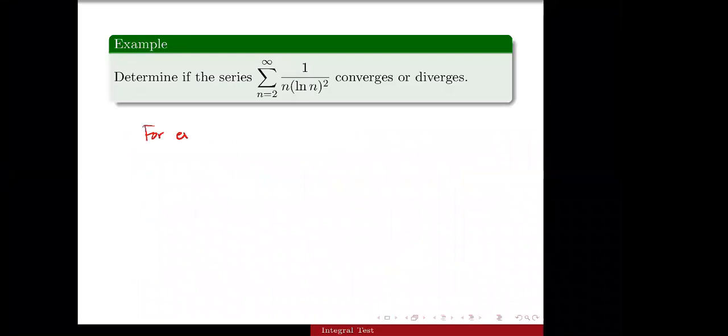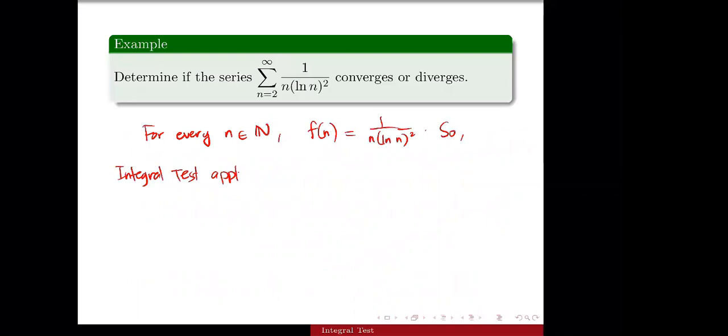For every n in the set of natural numbers, f of n is equal to 1 over n ln of n squared. So the integral test applies.